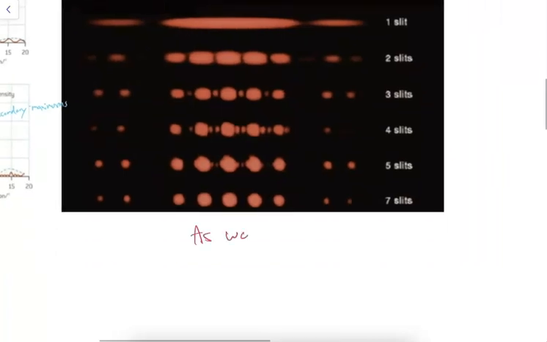As we increase the number of slits, two things occur.